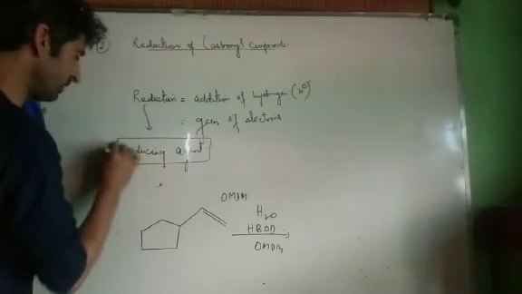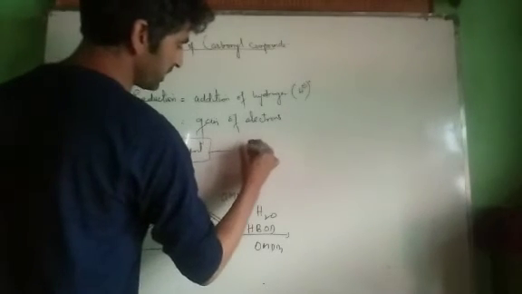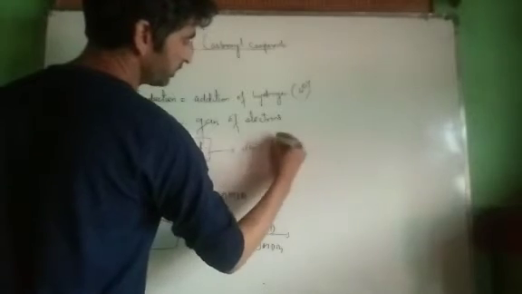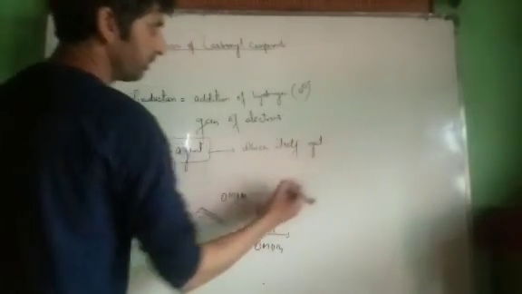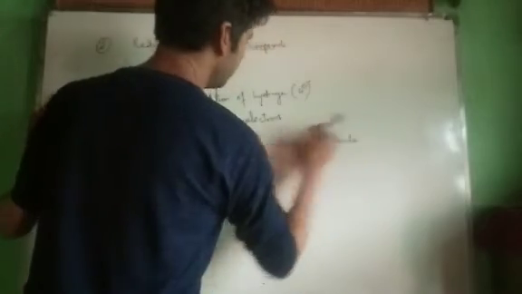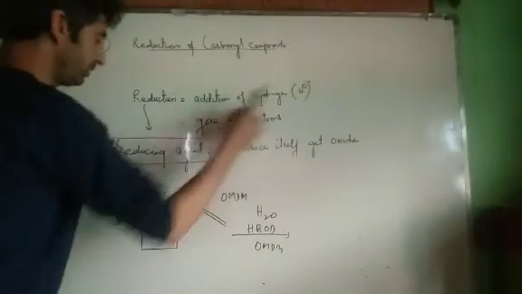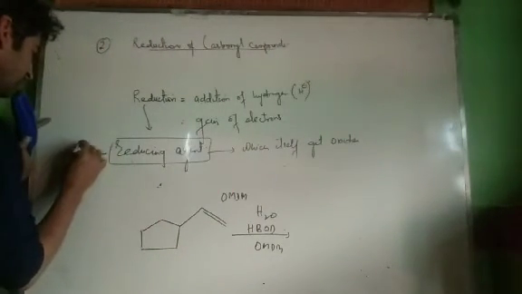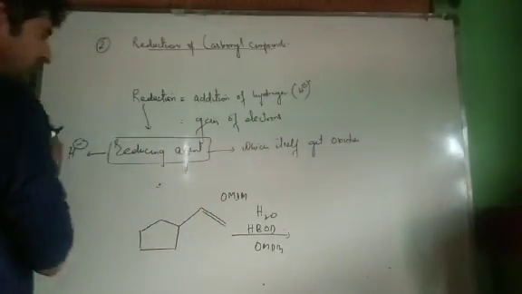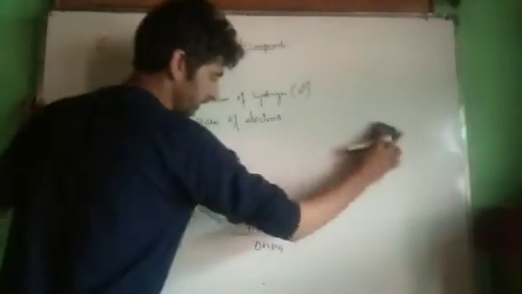A reducing agent is one which itself gets oxidized. Our reducing agent will be one which gives us hydride ion, H negative ion. This H negative ion will act as a reducing agent and bring about the process of reduction.